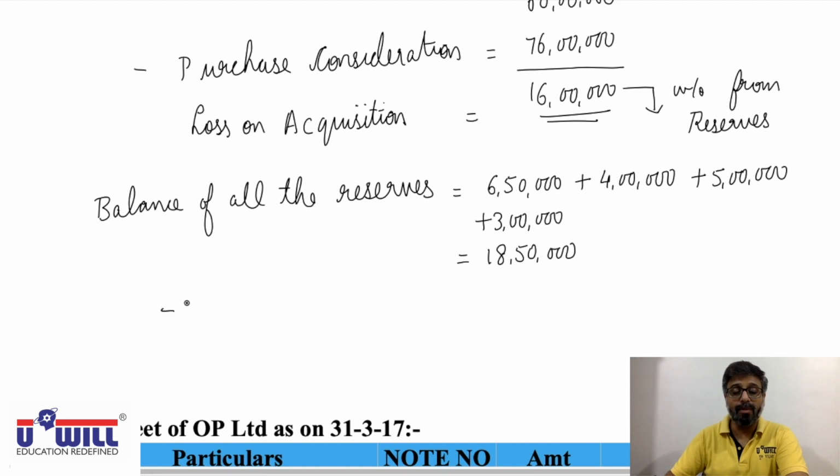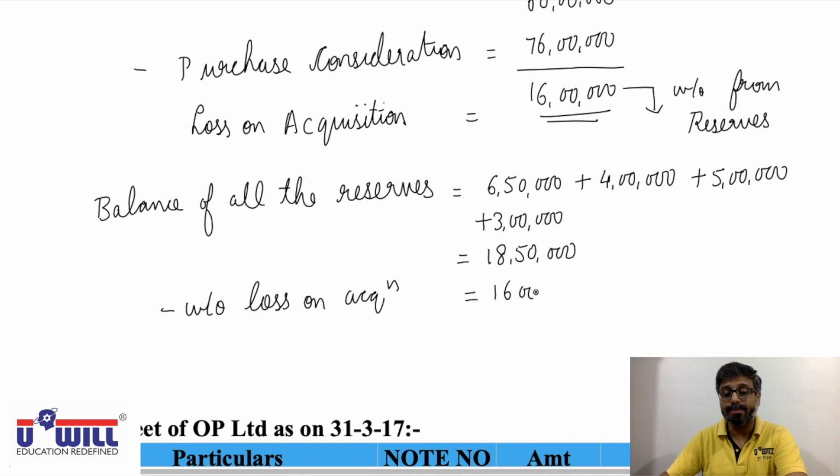From this, we will write off the loss on acquisition, that is 16 lakhs. So how much favorable balance of reserves still remains? 2 lakh 50,000.